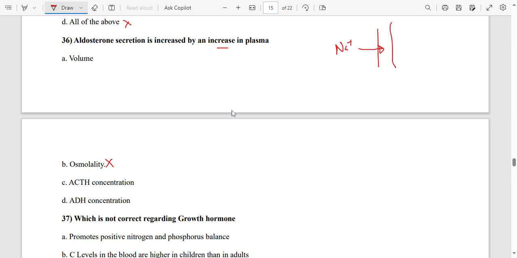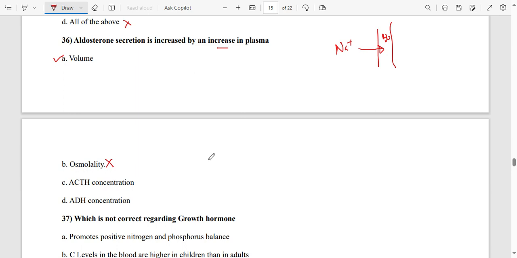But if there is an increase in volume, if you have got more blood, more liquid, you want to absorb more salt. Think of it like you have got more water, so you want to add more salt to it.